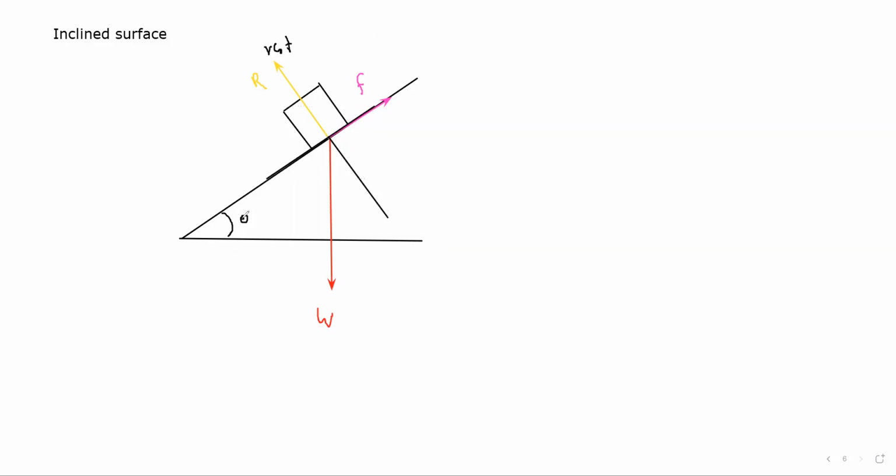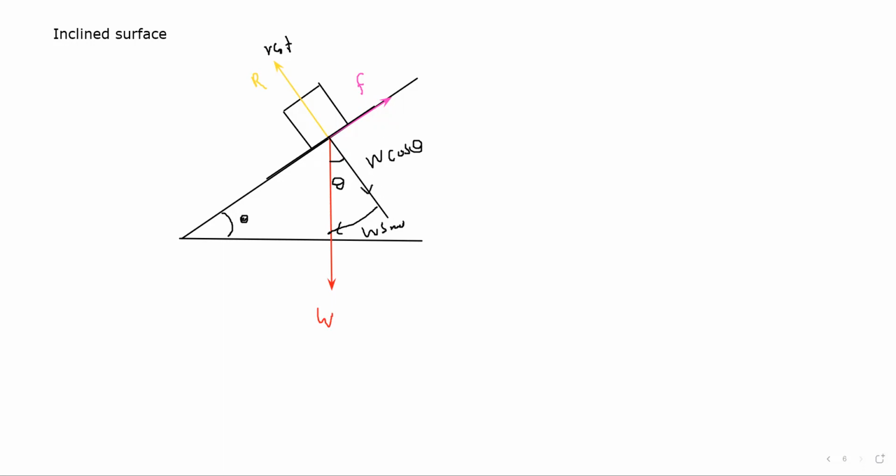The angle which the inclined surface is forming with the x-axis is always the same as the angle the weight is forming with the y-axis on an inclined surface. So the component of the weight with the angle is W cos theta, and against the angle, that will be W sin theta.